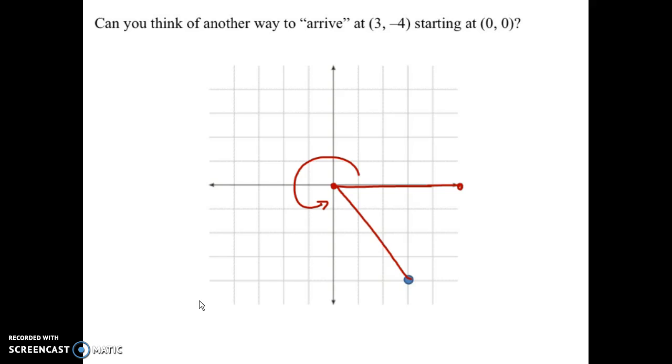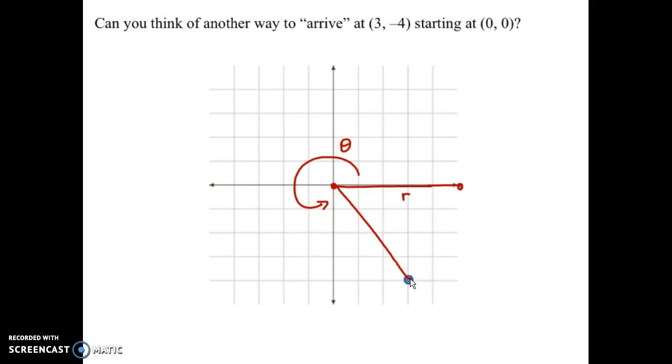And I can say that, well, if you want to get from the origin to that blue point down there, you can take a fixed length r and then rotate it a certain number of radians or degrees and then project, or I should say radiate, from the origin to arrive at that point.